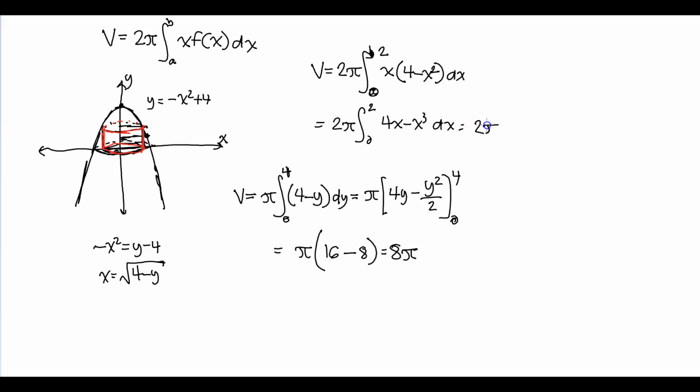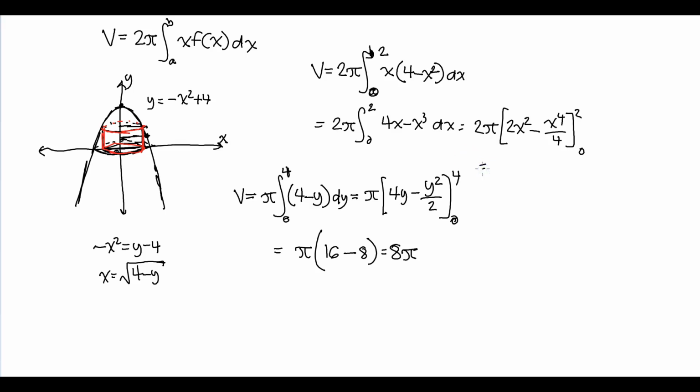So we have 2 pi. We take the integral, we get 4x squared over 2, so that's 2x squared minus x cubed, so that's x to the 4th over 4, from 2 to 0. And now, what do we get?